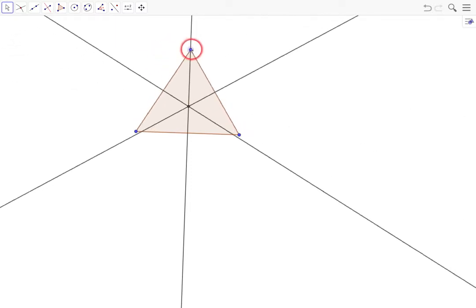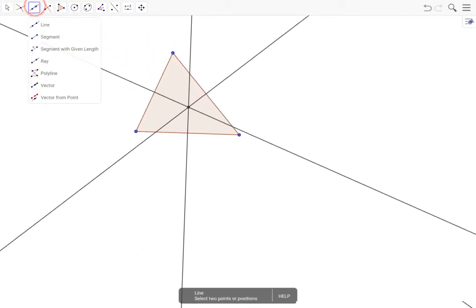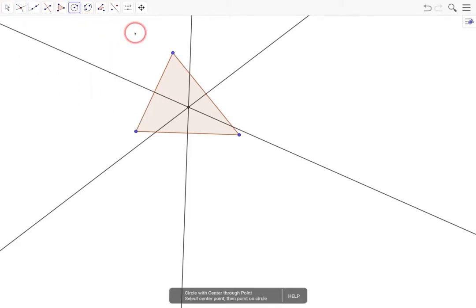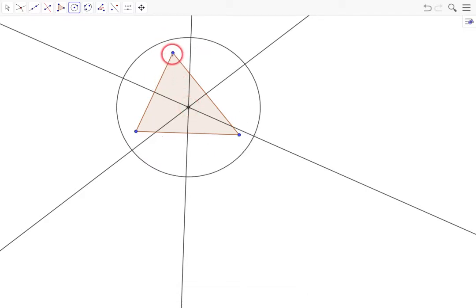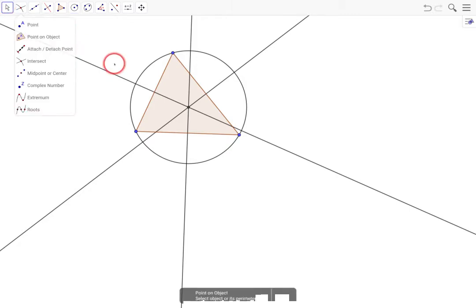Okay? So, why do we even study the circumcenter? What's the importance of it? Well, I'll show you. All right, here's why we study a circumcenter. Okay, if I take that point and then one of the vertices, and I make a circle, notice that that circle hits all three vertices.